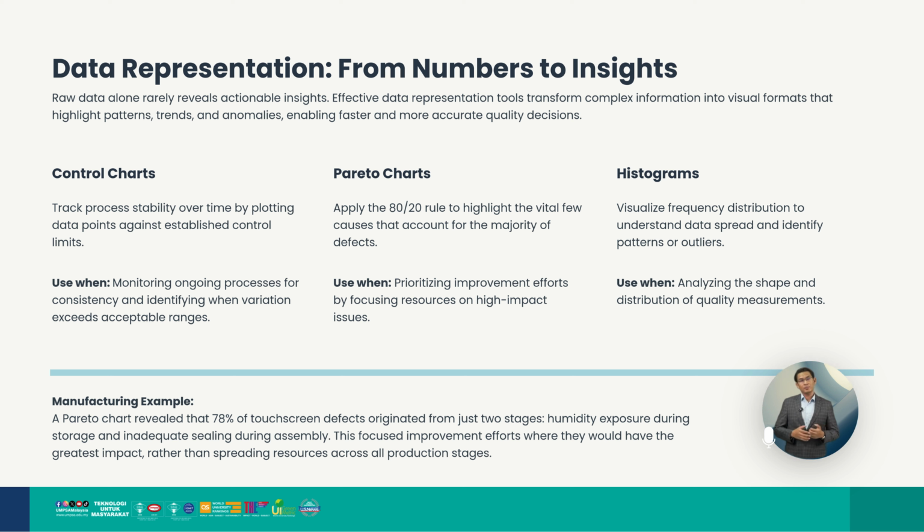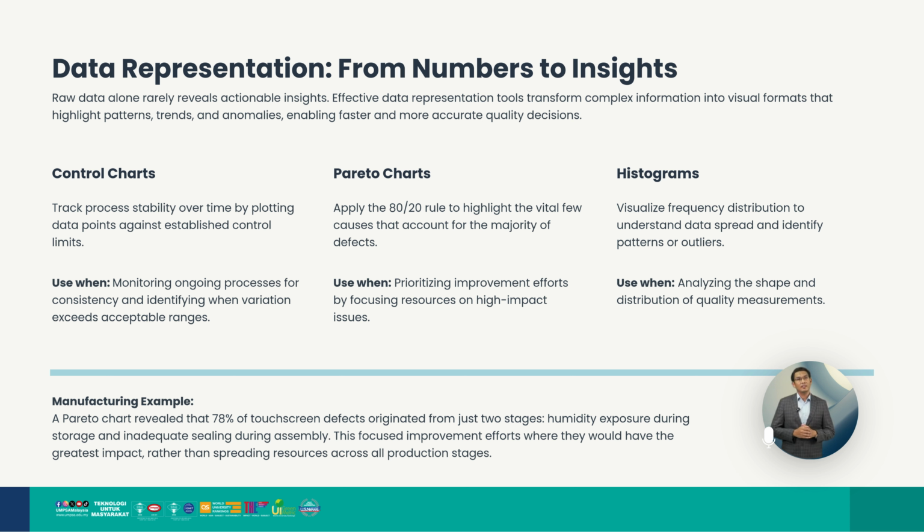So in a construction project, daily site progress reports may understate delays if some subcontractors fail to update them promptly. So this incomplete data can create a false impression that the project is on schedule when it is actually behind. Now, in manufacturing, a Pareto chart might reveal that the majority of defects in an assembly process originate from just 2 stages of production.